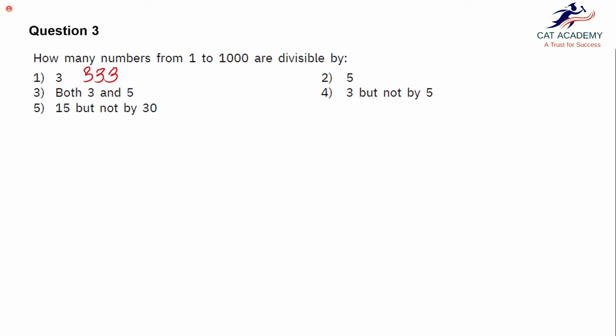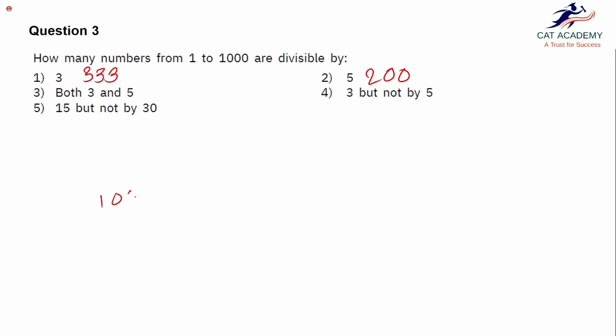Multiples of 5: 200, absolutely right. There will be 200 multiples of 5. Now both 3 and 5: 66, yes. How I can find it out is, 3 and 5 both means it should be divisible by 15.